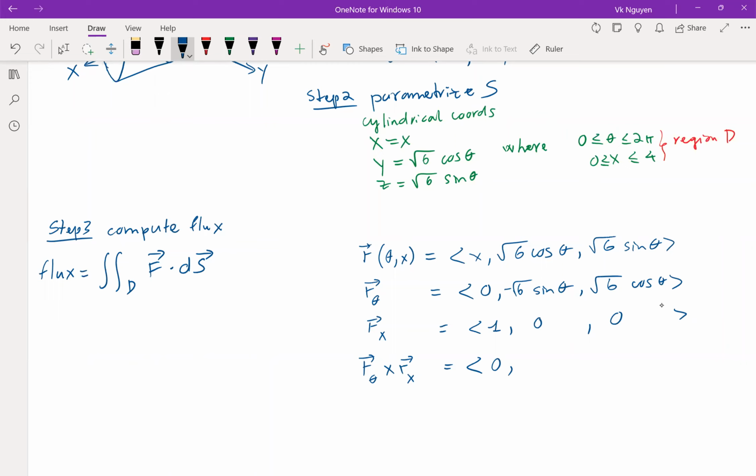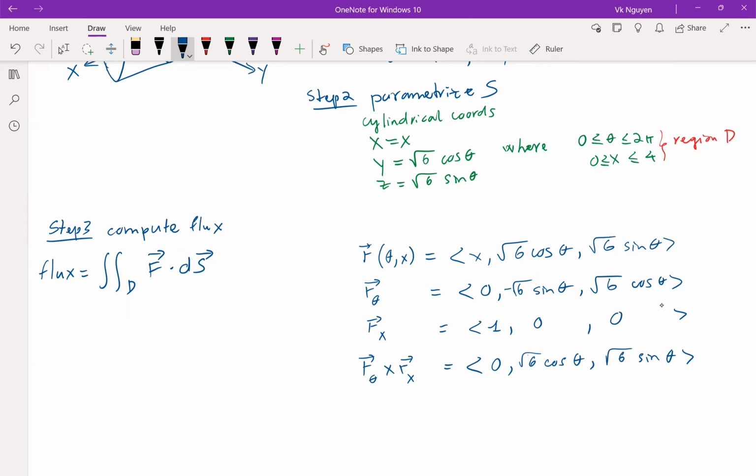This one is going to be root 6 cosine theta. Yeah, root 6 cosine theta. Because minus is going to be a, and then the other one is going to be a, you have to be careful here, root 6 sine theta.